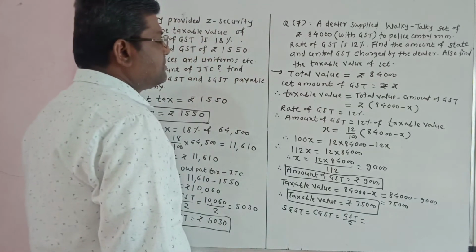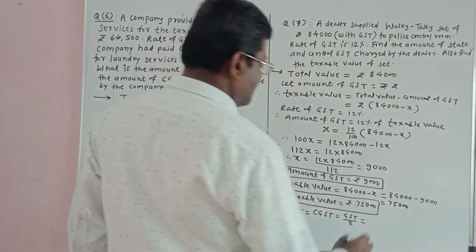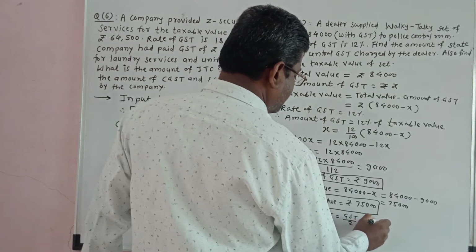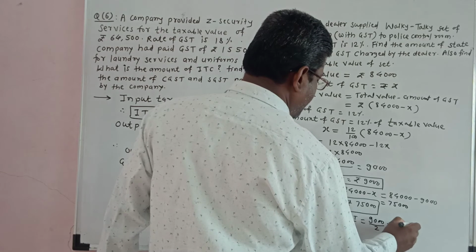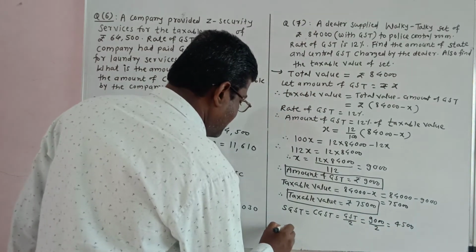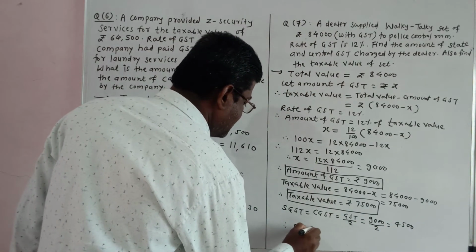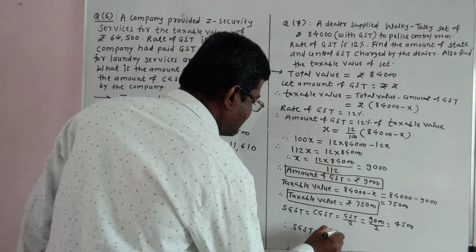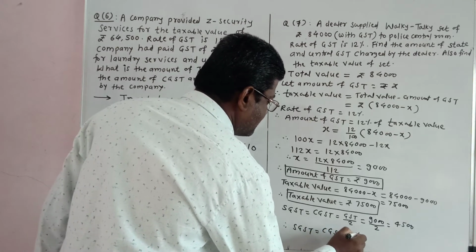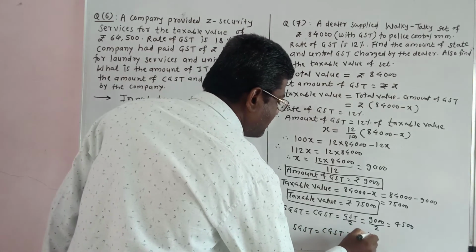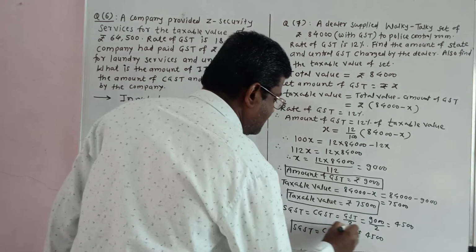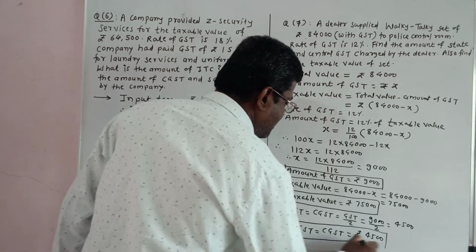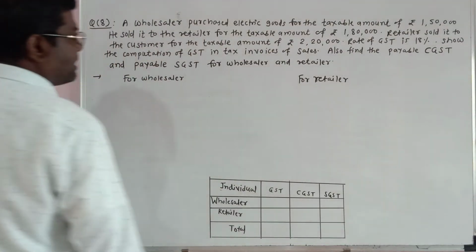So amount of GST is here 9,000 upon 2, that will be 4,500. Therefore SGST is equal to CGST is equal to rupees 4,500, which is our second answer.